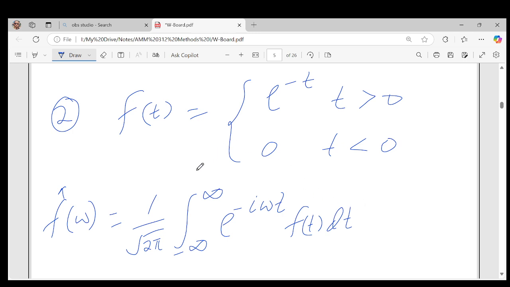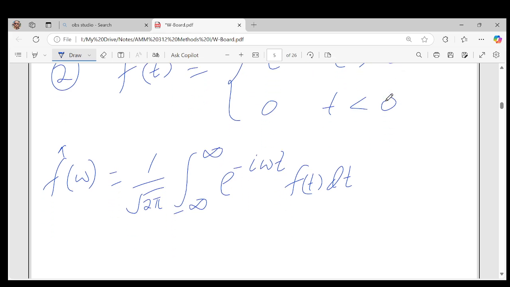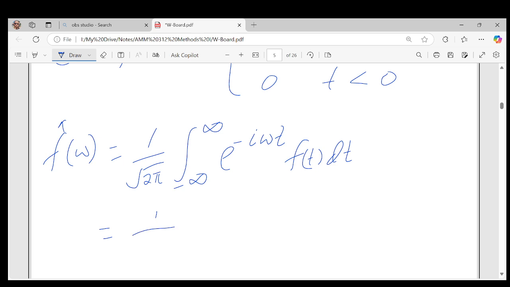Now, when applying this formula to this function, notice that when t is negative, the function f of t is 0. So we shall concentrate on the section where the function is non-zero, that is for t greater than 0. So in this case, we write 1 divided by the square root of 2 pi, integral from 0 to infinity, e raised to power negative I omega t times e raised to power negative t dt.